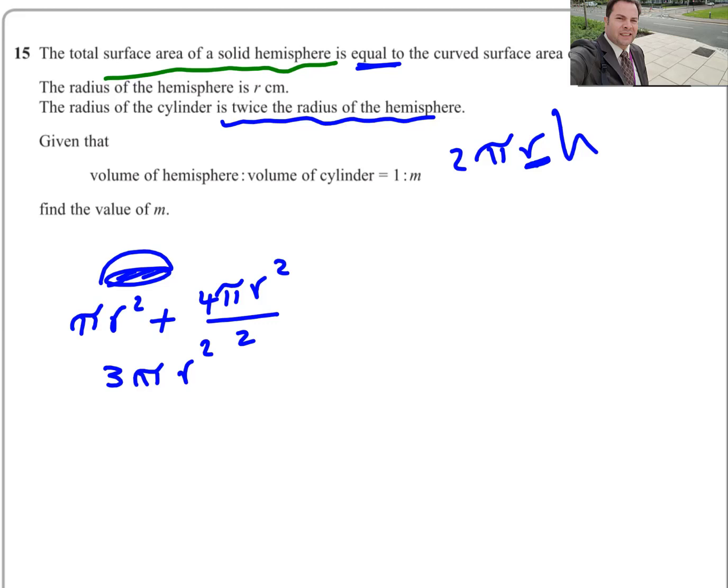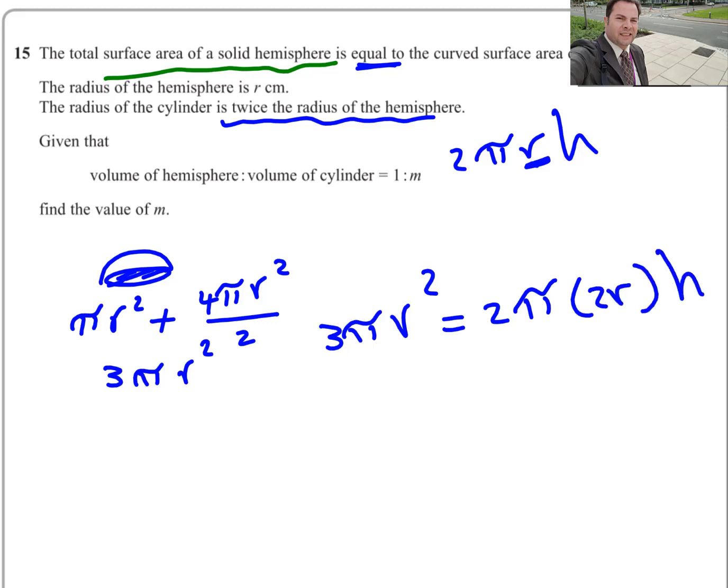So now the surface area of the hemisphere, 3 pi r squared, is equal to pi, remove r and write 2r multiplied by h. Now if you simplify, 3 pi r squared is equal to 4 pi r h.